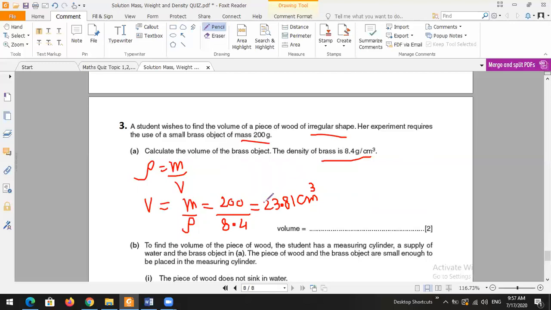This answer is in four significant figures, but the values used in your calculation consist of maximum two significant figures. So the answer should be converted to two significant figures as well, so it will be 24 centimeter cube.